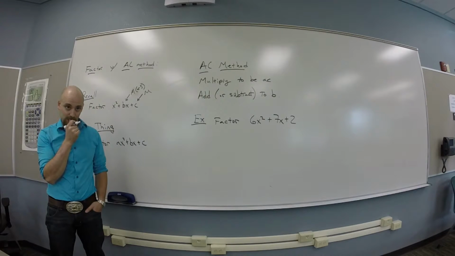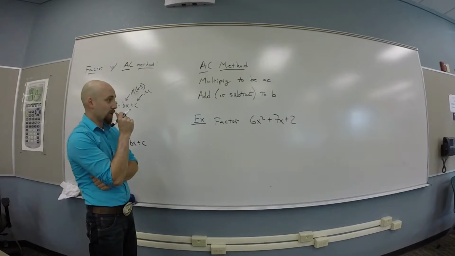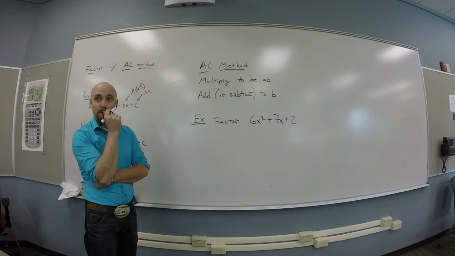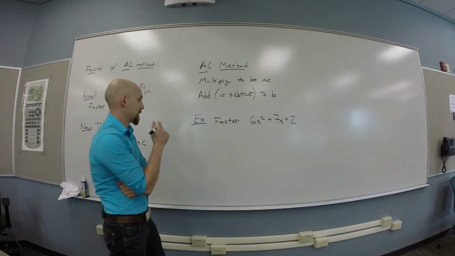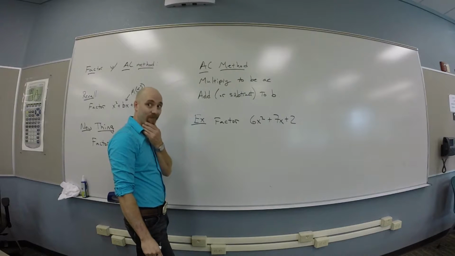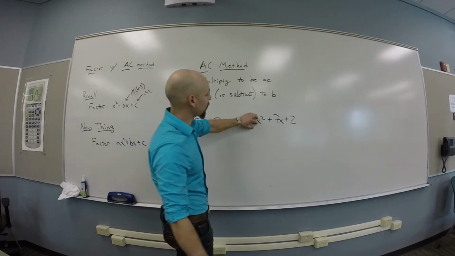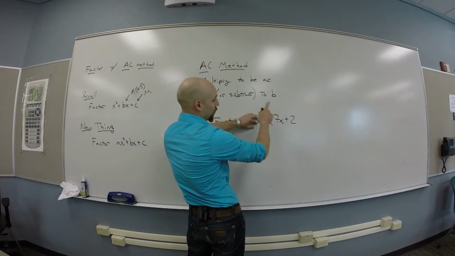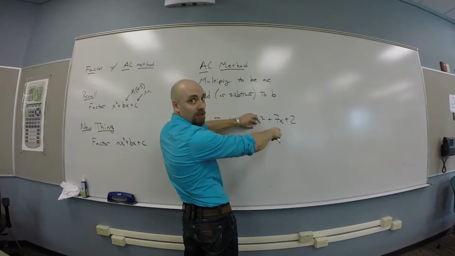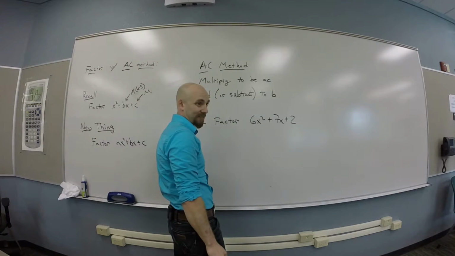All right, so I think to myself, I need to multiply to be... Okay, so if there wasn't a 6, I would be looking for things that multiply to be 2 and add to be 7, right? Since there's the 6 there, I'm going to look for things that multiply to be 12.